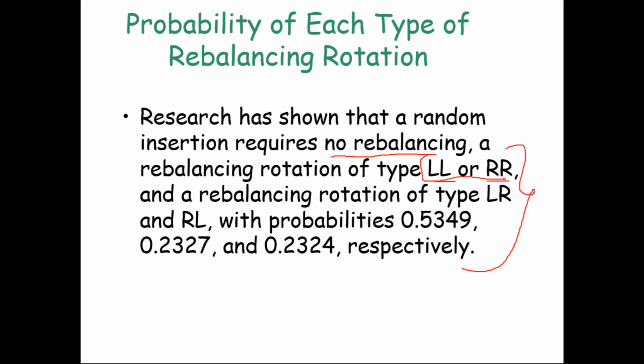For LL and RR, the probability of occurrence is 0.5349, for LR it is 0.2327, and for RL it is 0.2324. That means more rotations will be either LL or RR, with a single rotation, and the probability of LR and RL is almost equal. So you can say that LL and RR occur 50% of the time when you are doing rotation, and the remaining time it is for either LR or RL, each occupying close to 25%.